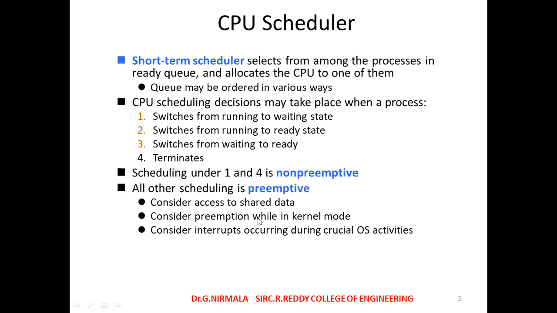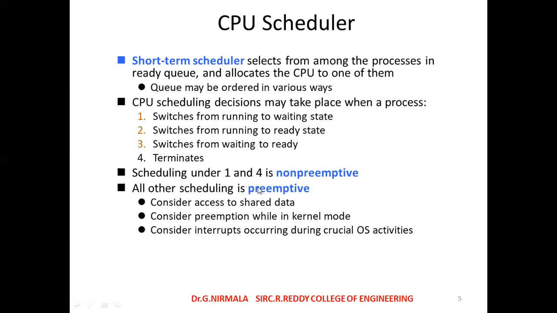In case of preemptive, whenever a process is executing, the CPU will be in the execution state. At that moment, if some IO is required, it will be moved from the running state to the ready state. Then automatically the CPU will be switched to the next process.